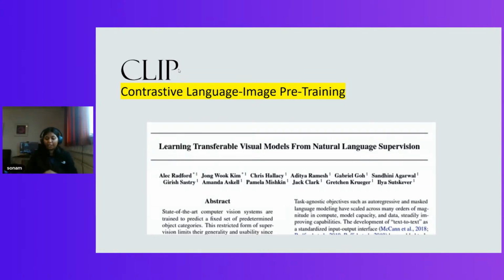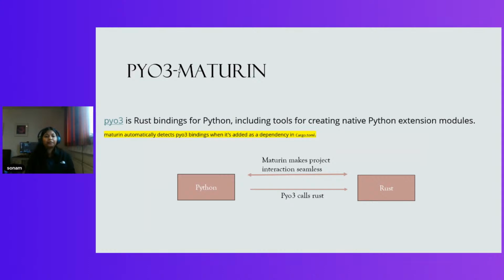Suppose there's an image of a puppy, so we find the text which best describes that image, and we try to make the encoding such that images are best described with the text, right? So this is CLIP, which is basically a training method for these multimodal encodings.